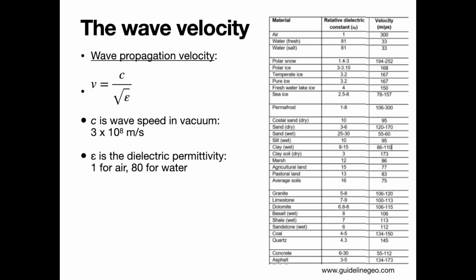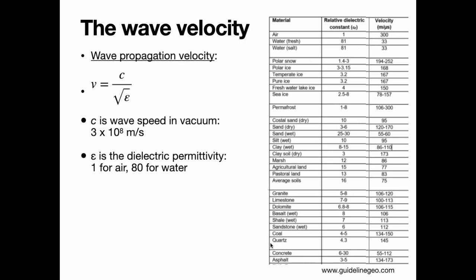So here's a table showing you some examples of the magnitude of these numbers. As stated before, for air, the dielectric constant is about 1, and the velocity of the wave, here measured in meters per microsecond, is about 300.